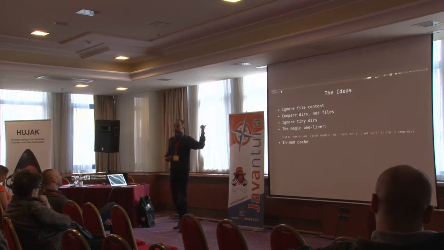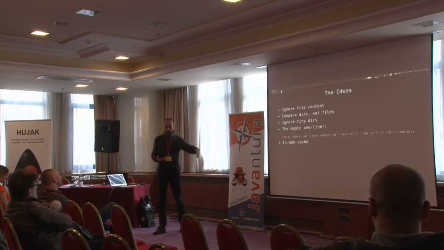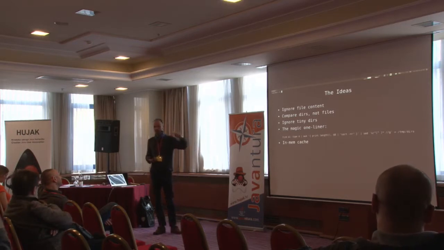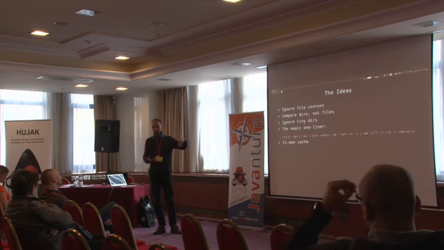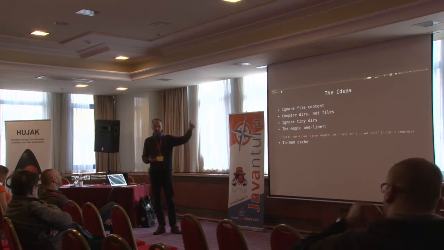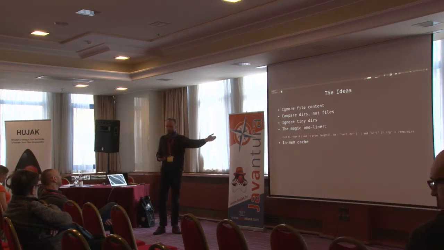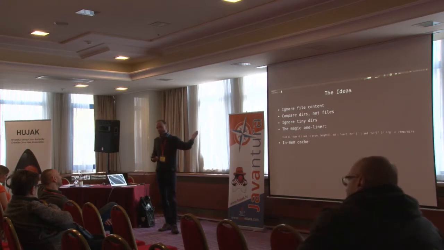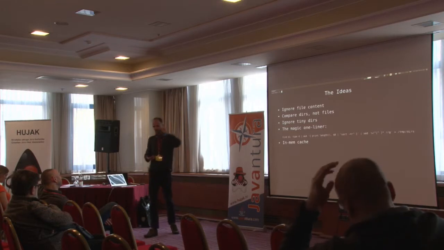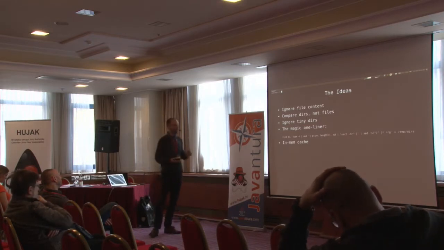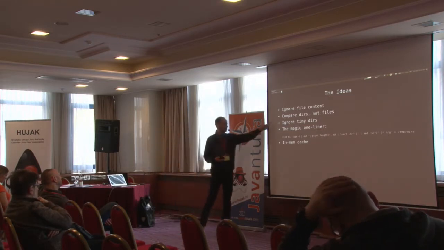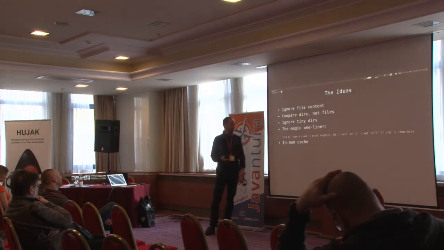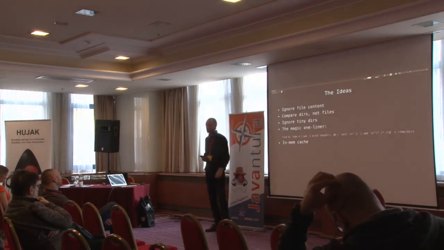So 7 million files, but 700,000 directories. And when you have to compare one item against the other, you have 700,000 times 700,000 versus 7 million times 7 million. So you basically reduce work by 99%. You get 1% of the total number of comparisons. So this is a critical optimization.